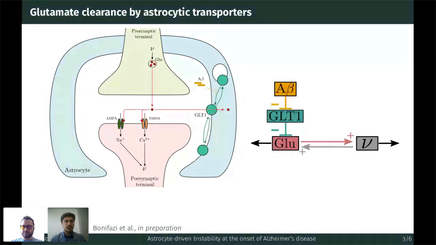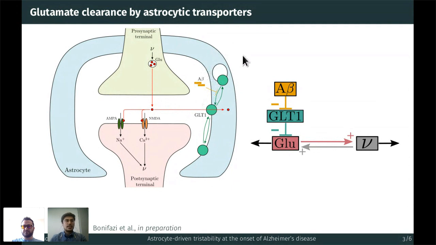In fact, we have a third actor in the game, which is the astrocyte, that surrounds the two terminals and sequesters the molecules of glutamate from the synaptic cleft through these glutamate transporters of type GLT1. And from experiments, we know that the level of these transporters is modulated by the amyloid beta concentration.